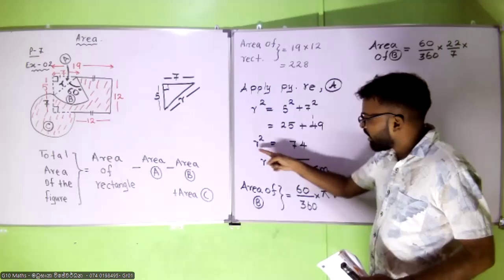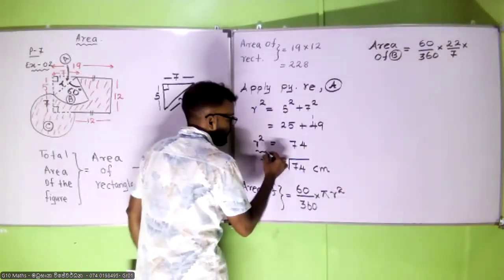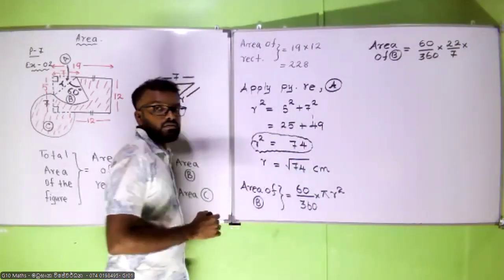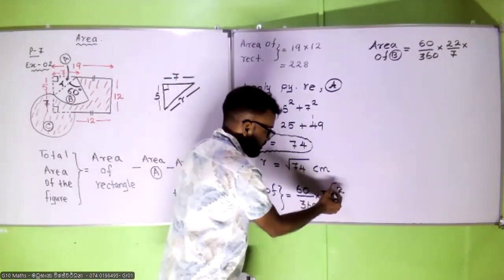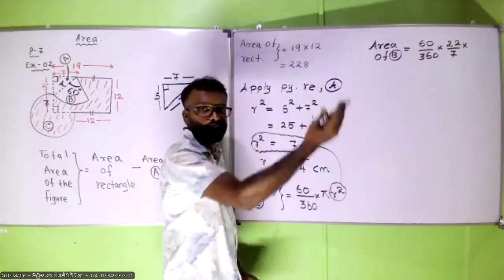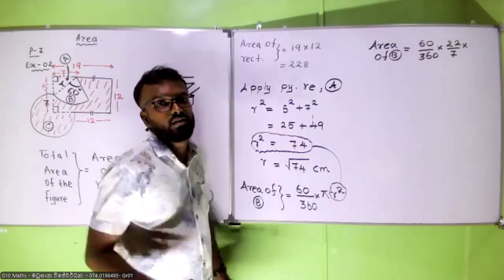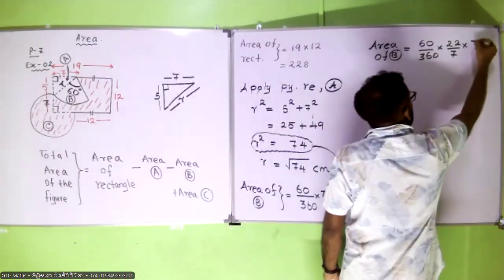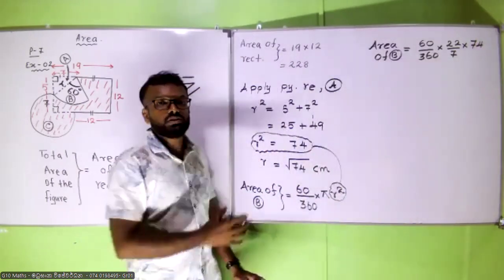R squared is this, 74, from the Pythagorean theorem. If you found the square root of 74, that is a waste of time. So r squared is 74.